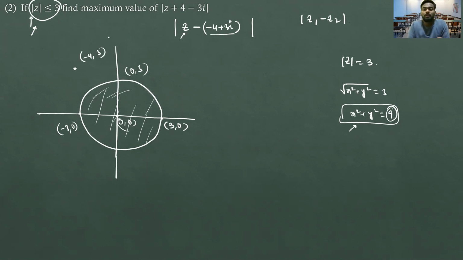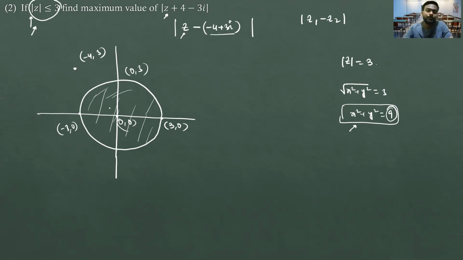So we need to have a minimum length from this z and this point. So we need to find that z point from where we can get the minimum or maximum value. So this z can lie either on this circle or inside this circle, right?